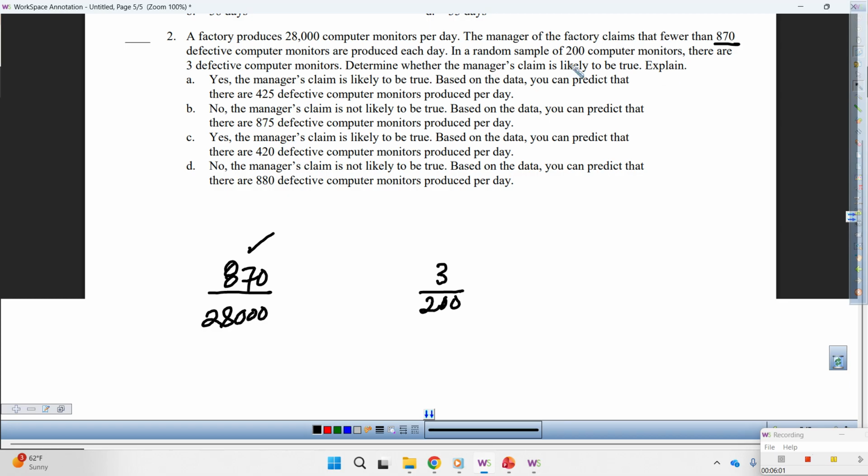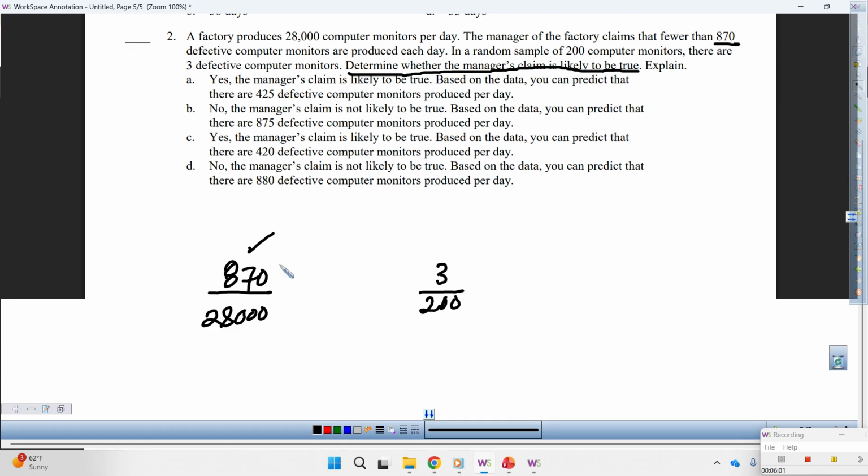So the question is, determine whether the manager's claim is likely to be true. The manager of the factory claims that fewer than 870 defective monitors are produced each day. In a random sample of 200 monitors, there are 3 defective.